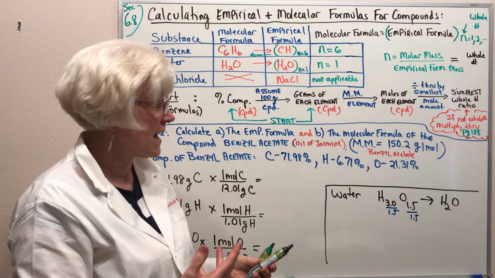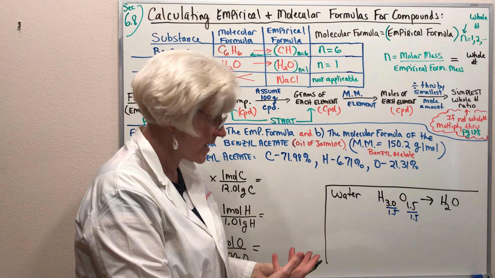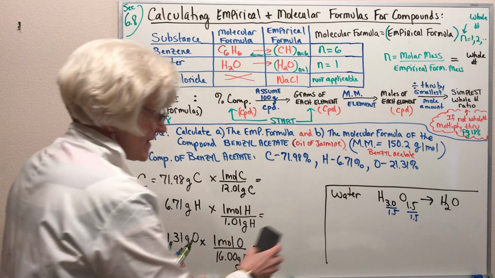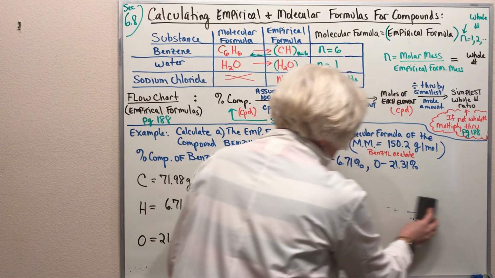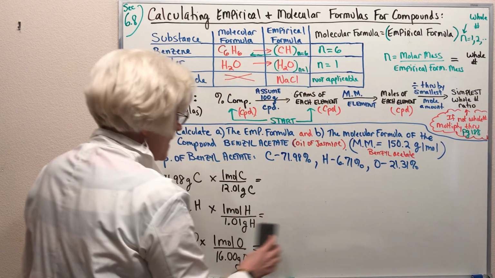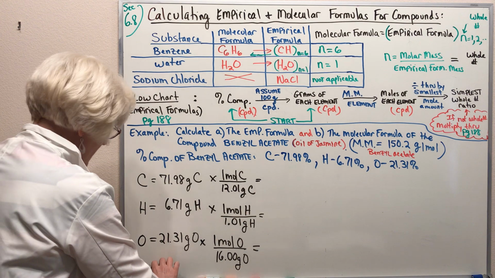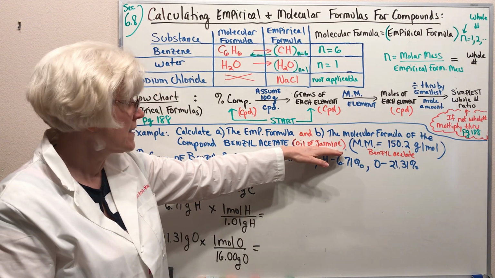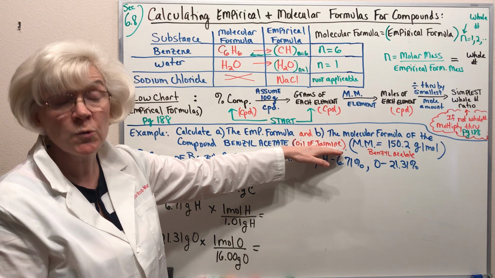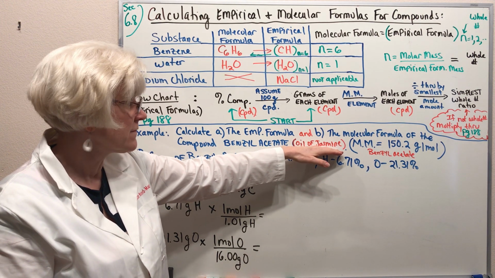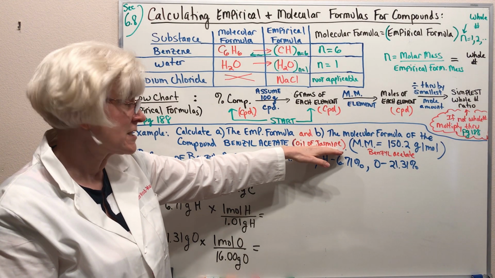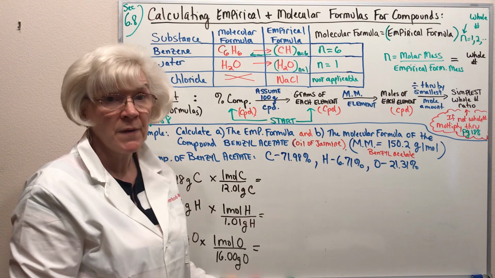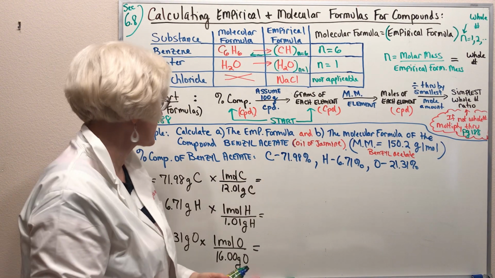Let's see how we can illustrate this process using the compound benzyl acetate. Benzyl acetate is an organic compound with a lovely fragrance. It is commonly known as oil of jasmine. So the chemical name is benzyl acetate, but it's known as oil of jasmine.